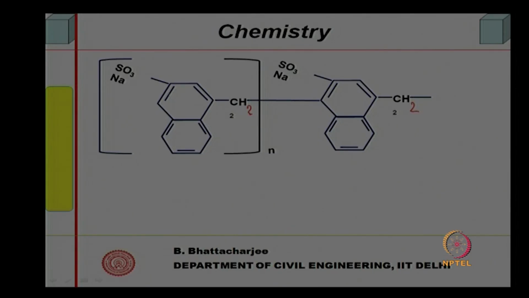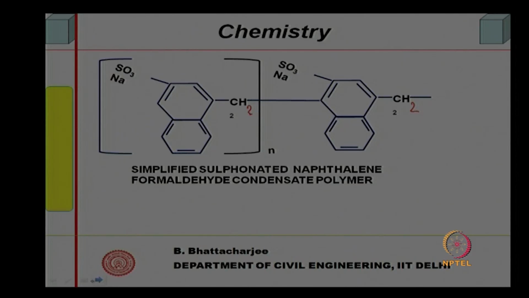Naphthalene is 2 benzene rings combined together, and in one of its arms would be SO3Na, right. When polymerized, this is actually a simplified formula shown, sulfonated naphthalene formaldehyde condensates polymer.